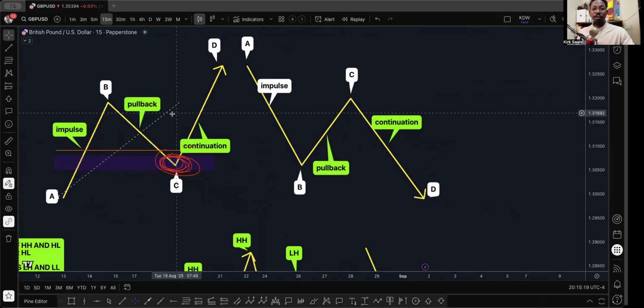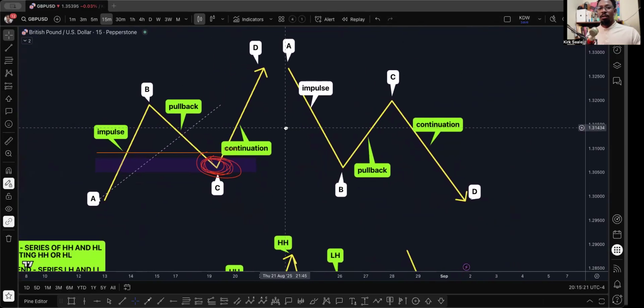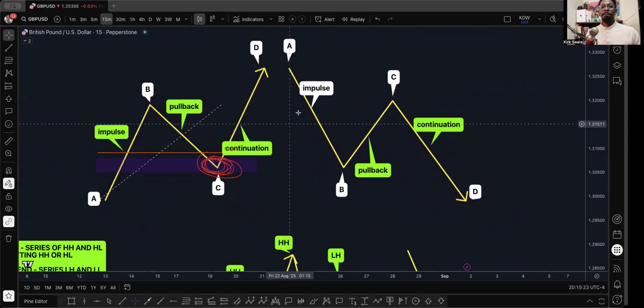All right. We covered these patterns in the first 5 minutes of this call. All I did was take you deeper. These two patterns is all it is. You already know where to buy. You're going to buy at C. That's where you're buying.